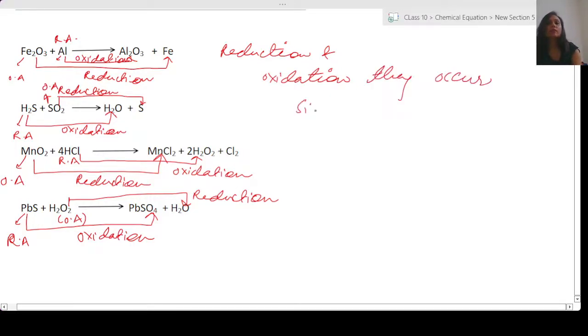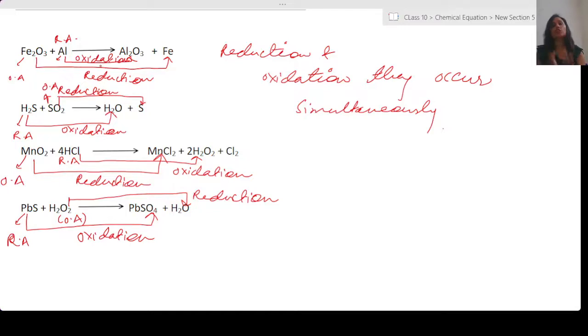In all these examples, you have seen that if one is undergoing a reduction reaction, another one is undergoing the oxidation reaction. If someone is losing O, there is someone which is accepting O, right? So they both go hand in hand in a chemical reaction.